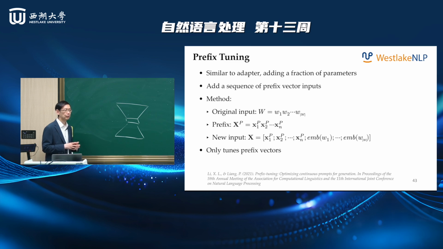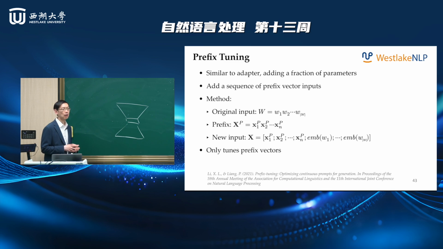And during model tuning, you fix all the pre-trained parameters, but tune only these prefix tokens, in other words, xp1 until xpn. So this also serves as a lightweight tuning strategy. It's more elegant because you don't even change the model structure. And it turns out to be effective for many tasks.